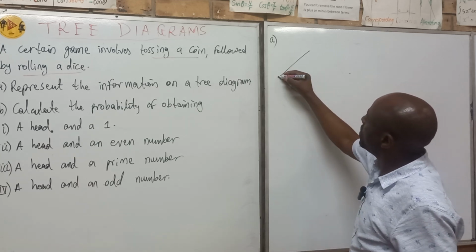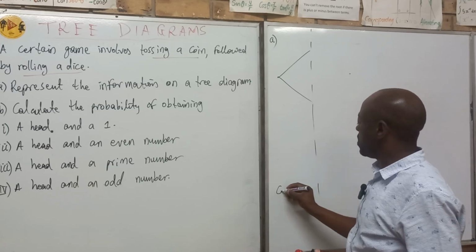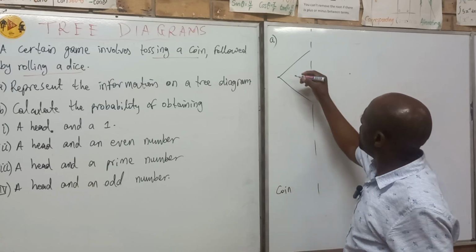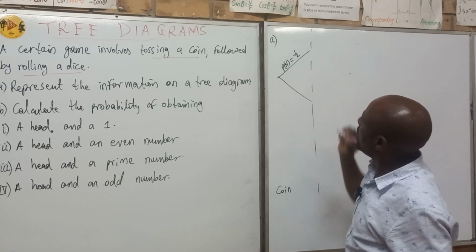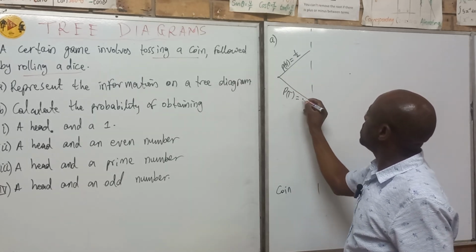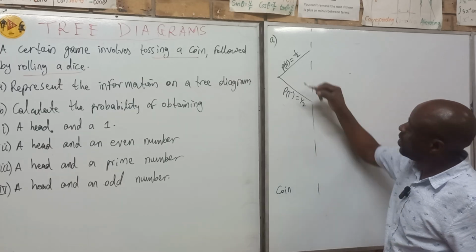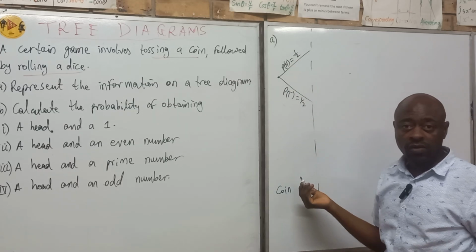Let's say this is the coin. Then I've got the probability of a head. Since there are only two options, we get 1 out of 2. Then the probability of a tail is also 1 out of 2. And when we add up the two probabilities, leaving a point, that must give us 1.